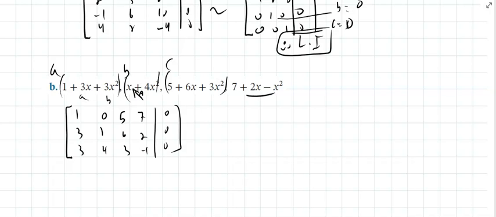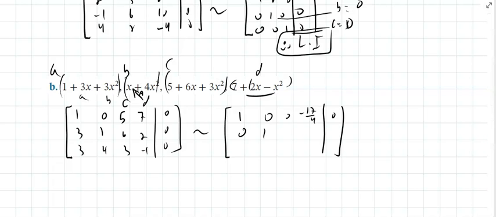A, B, C, and let's say D. I forgot about that. And if I row reduce this, I'm getting 1, 0, 0, negative 17 over 4, 0, 0, 1, 0, 3 fourth, 0, 0, 0, 1, 9 fourth, and a 0.